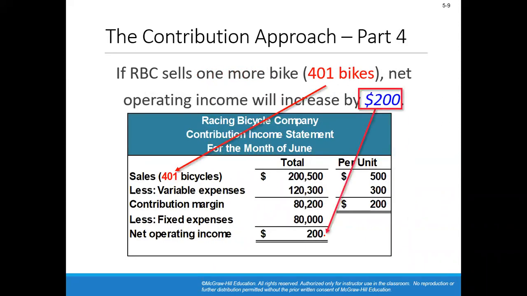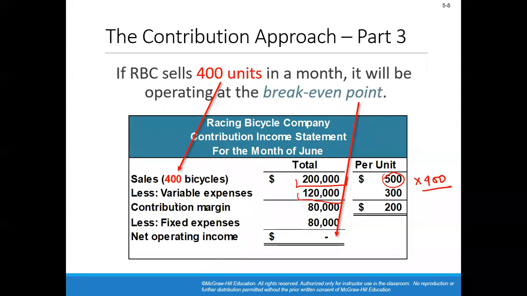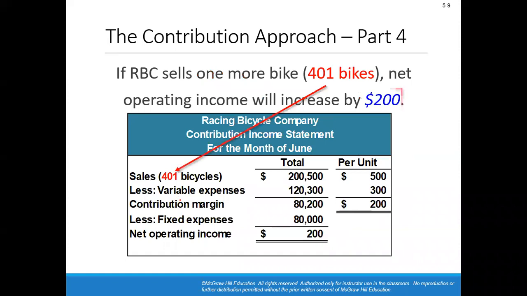Now, if you sell one more unit from the break-even point, your break-even point is 400 bicycles, but if you sell an additional 1 unit, is it straightforward to think that each additional sale of a bicycle will give me 200 net operating income?